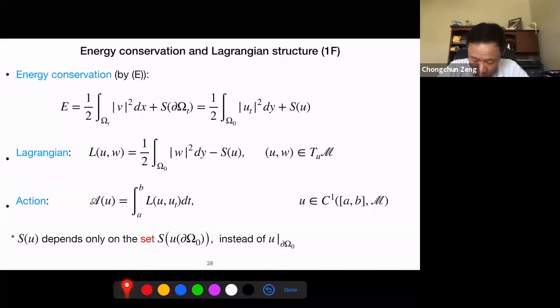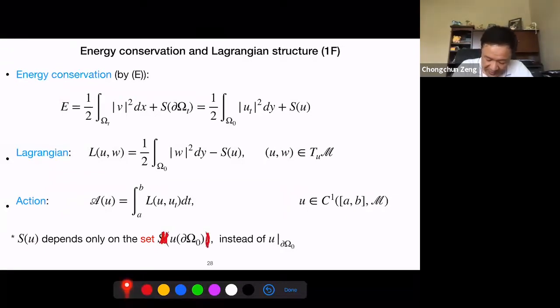If you know U, then you map the initial boundary to the current boundary, then take the surface area. So this is the surface area functional depending on the Lagrangian map U. But this is a nonlinear functional. This functional depends on U in a way that it depends on the set. So here I shouldn't have this S.